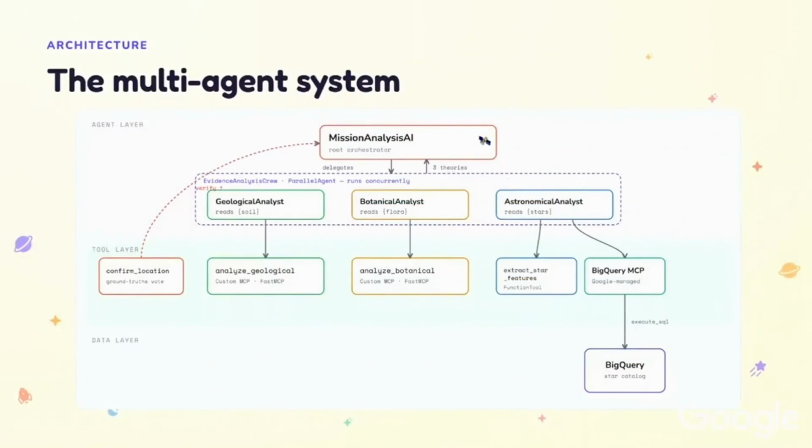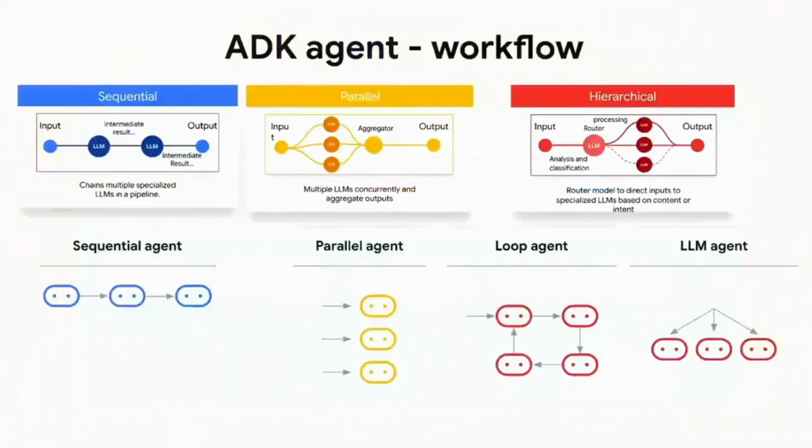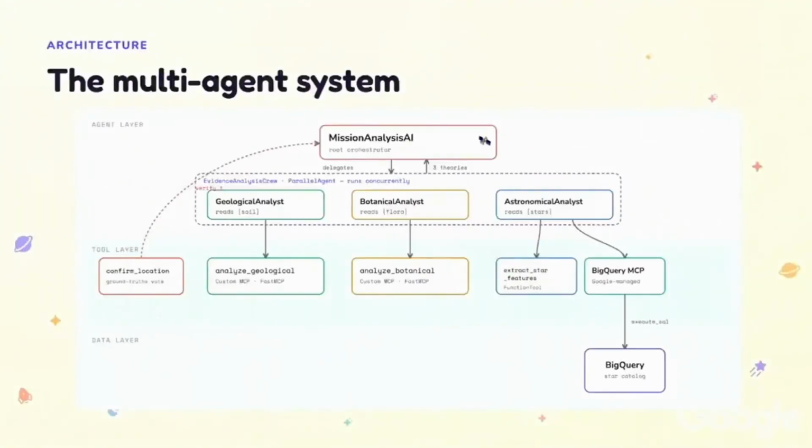So what we just did is, at the tooling layer, you can see the screen color, right? We created this with two tools, Analyze Geological tool and Analyze Botanical tool. And those two are using FastMCP server.